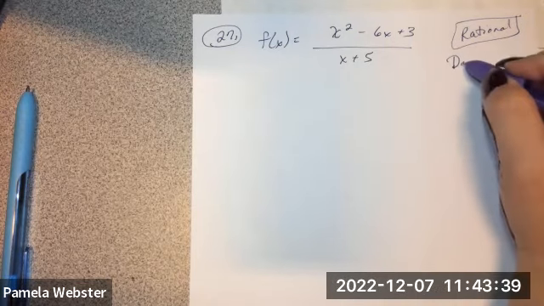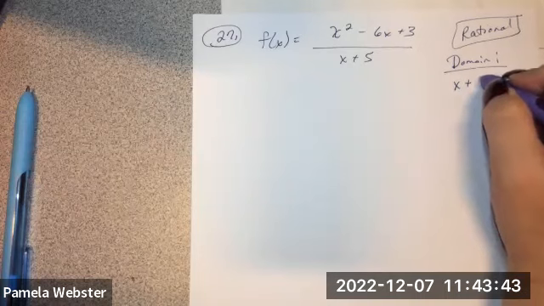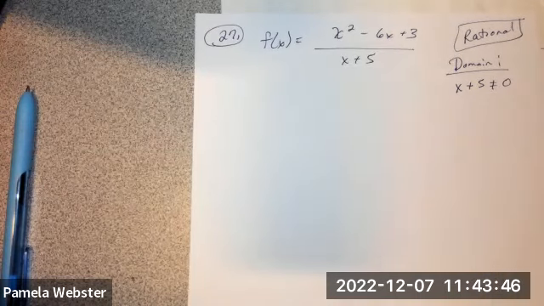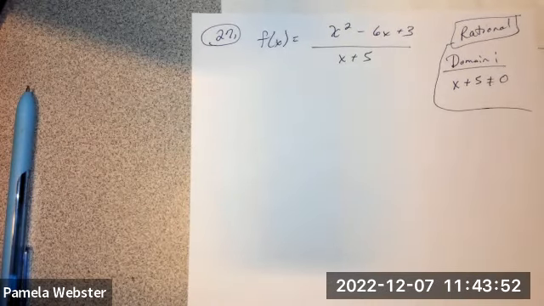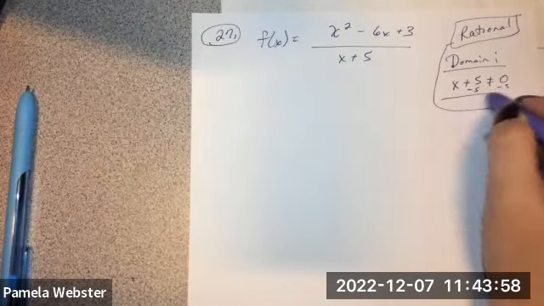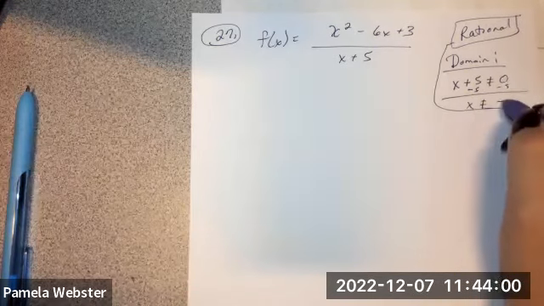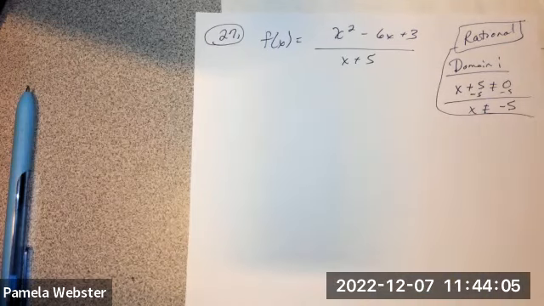Remember that the denominator can't be equal to 0, so x plus 5 is not equal to 0. Before you do anything else with a rational function, look at those things. What's my domain? If x plus 5 can't be 0, then subtract 5, and x can't be -5. That's my domain. Make sure you do that right up front.